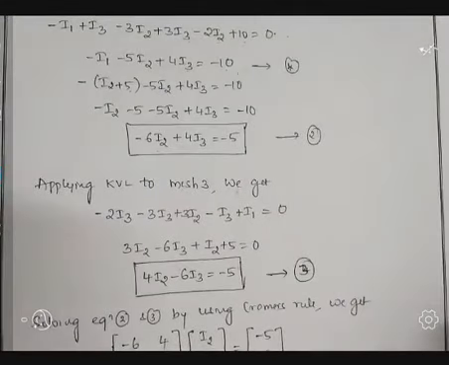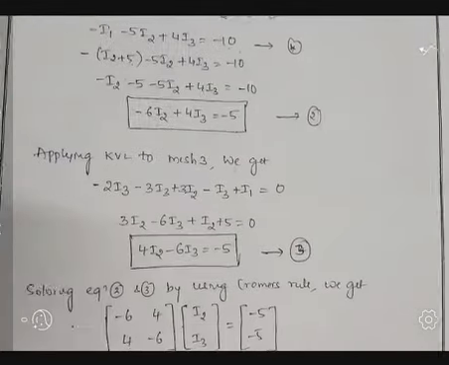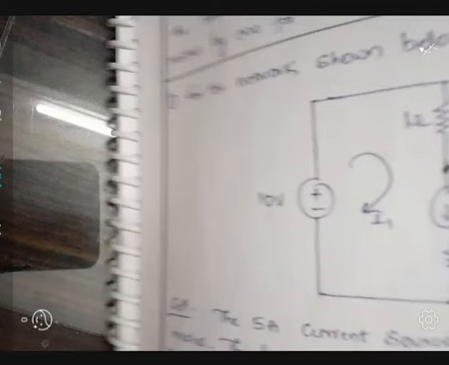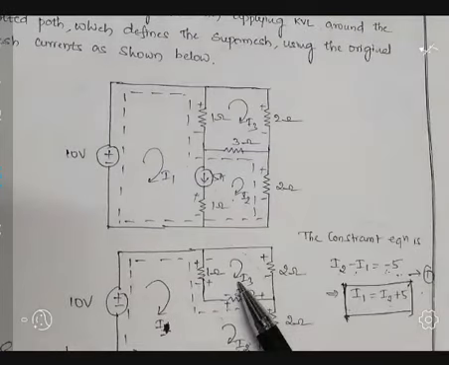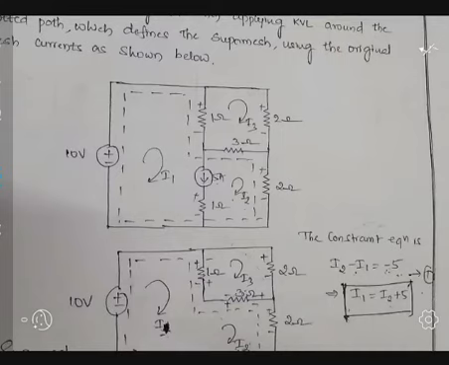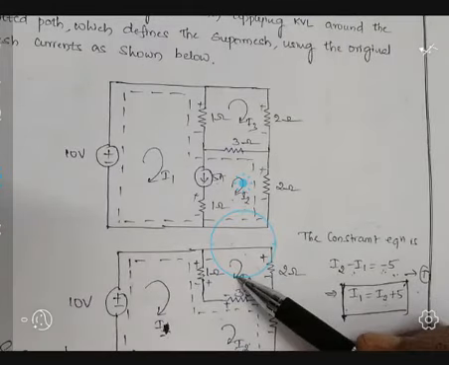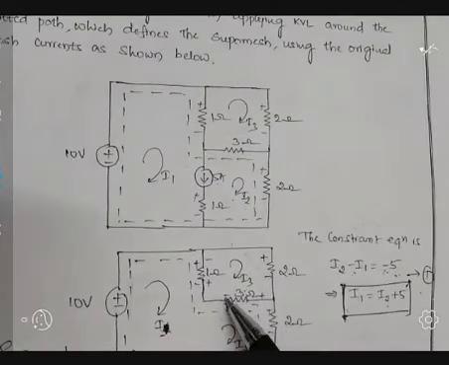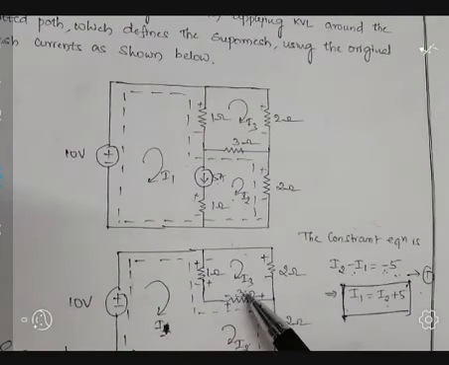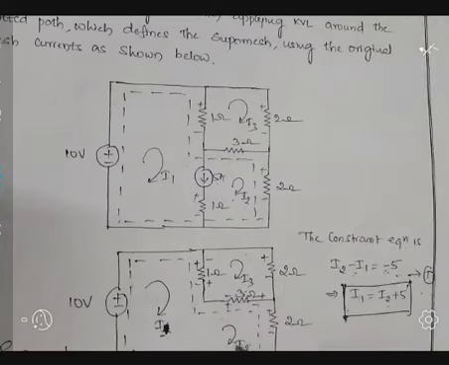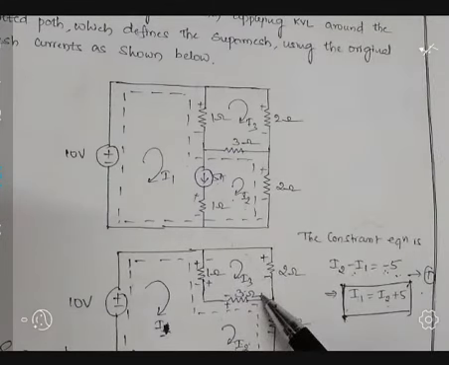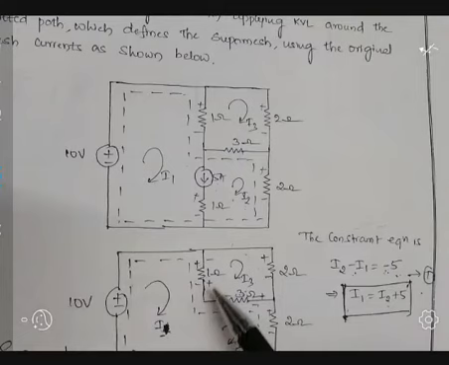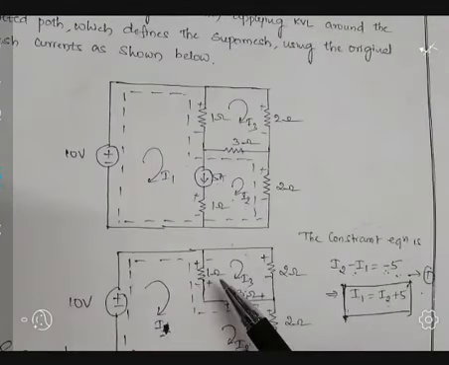Now apply the KVL to loop number 3. Loop number 3 means this one. So apply the KVL: minus 2I3, only one current is flowing in this branch. Now coming to here, minus 3I3. In the same branch, one more current is flowing, pointing to here, plus 3I2. Coming to here, minus 1I3.